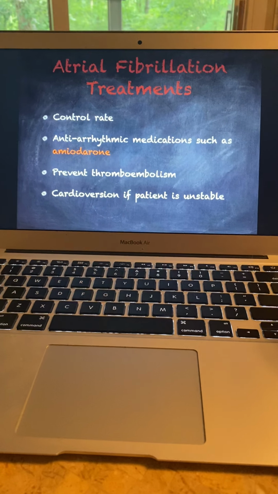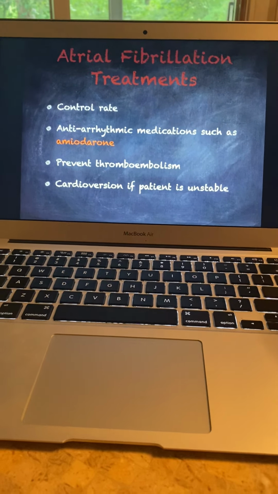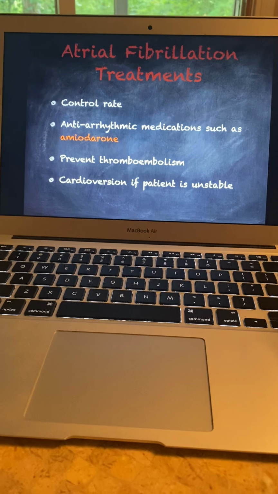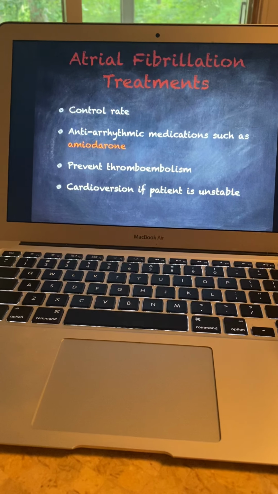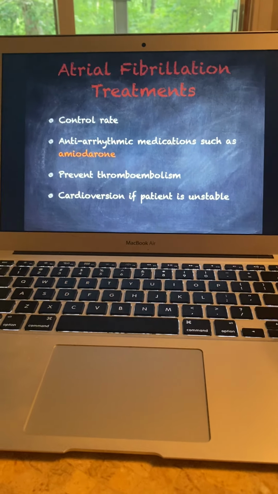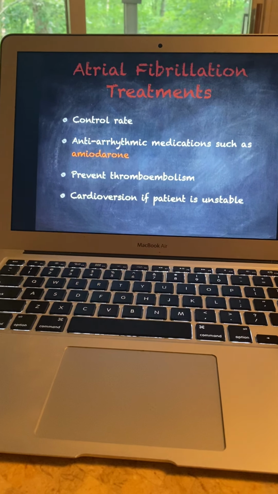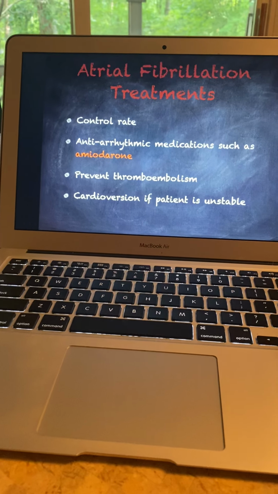Also, if your patient is extremely unstable with AFib, cardioversion may be indicated. So that's when you hook them up to the defibrillator, you synchronize their R to R, and then you'll shock their heart out of that rhythm. Usually that's done with patients who are not hemodynamically stable in AFib.